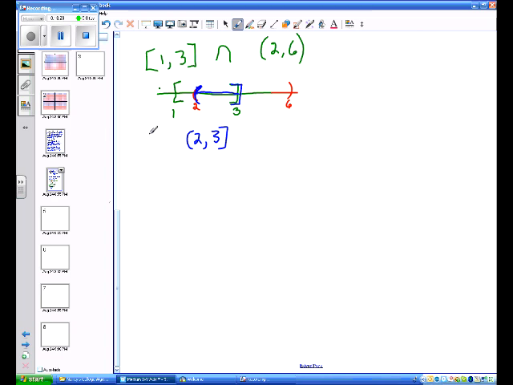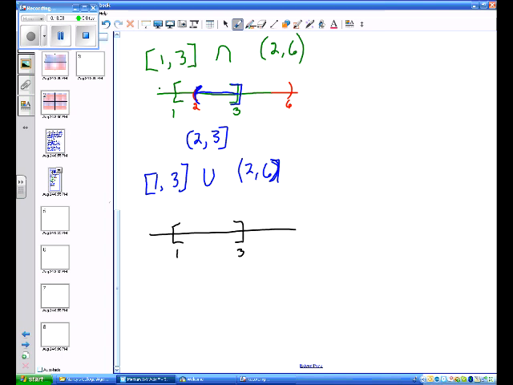And if we had that same 1 comma 3, union 2 comma 6, and it's an open interval, and we wanted this one. Well, as we look at our graphs for these, we start out with 1, 3, and then we want to do 2, 6, now we want to put it together.